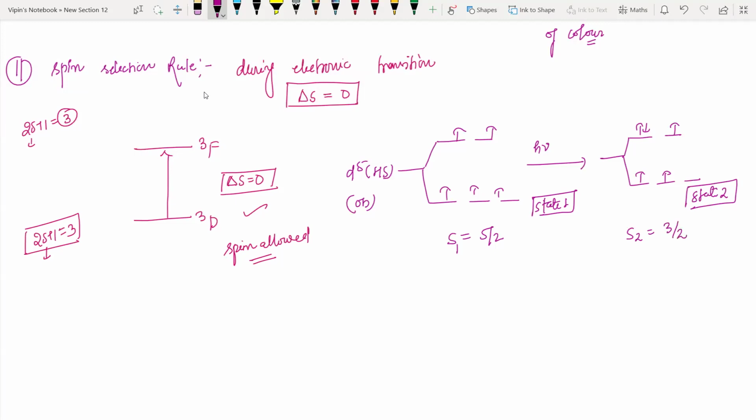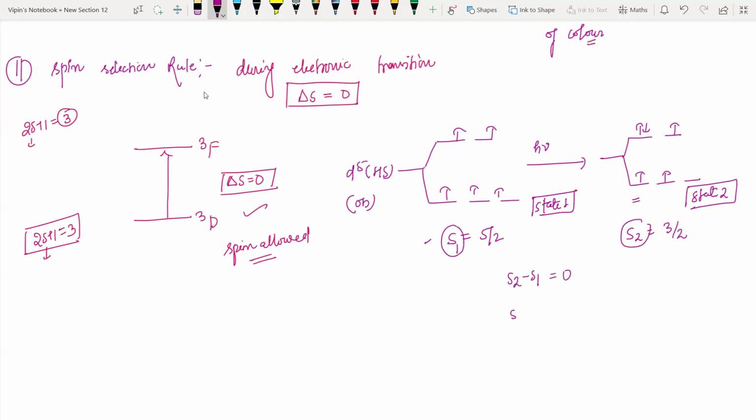The electronic transition occurs between the S1 state and the S2 state, because on absorption of light there is formation of this state. It means on absorption of light, the electron is moving from the S1 state to the S2 state. The difference S2 minus S1 should be what? 0.